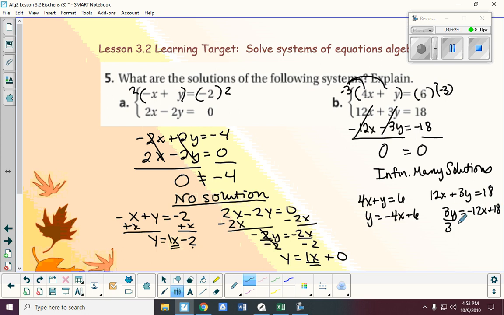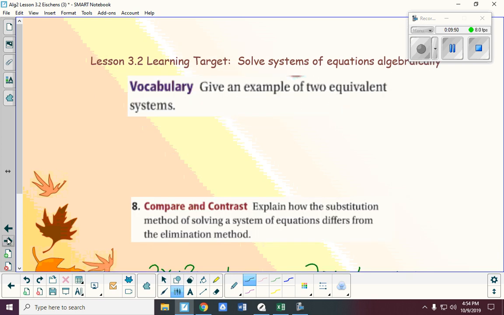Divide everything by 3. y equals then minus 4x plus 6. They are the same equation. So we would say that these are coinciding graphs, or coinciding lines. So in that case, infinitely many solutions.